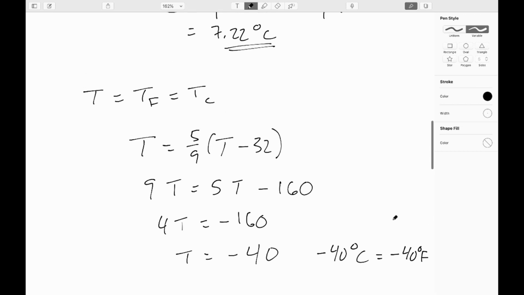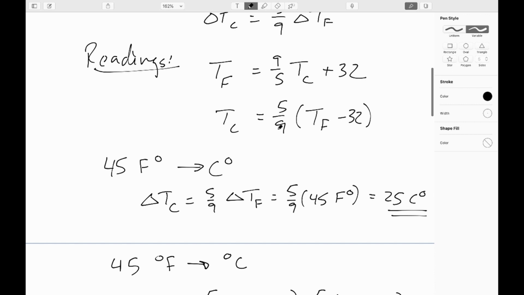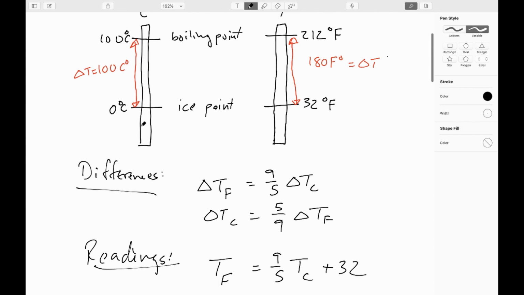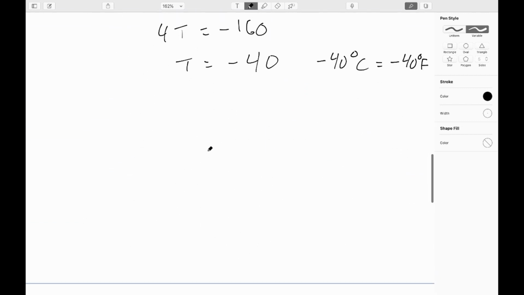But if you don't like this particular way of doing the temperature conversions, this does give us an alternate way to do it. Instead of calculating differences off of 0, we could calculate the differences off of negative 40. So let's think about how that would work. Let's say I'm going from Fahrenheit to Celsius. The first thing I can do is take my Fahrenheit temperature and subtract a negative 40 from it.